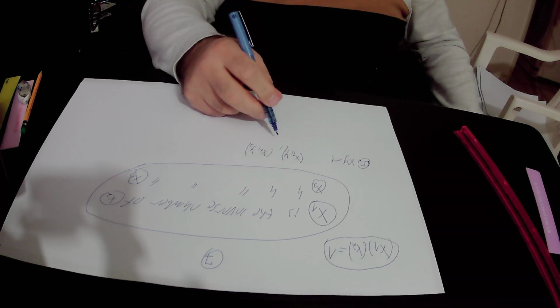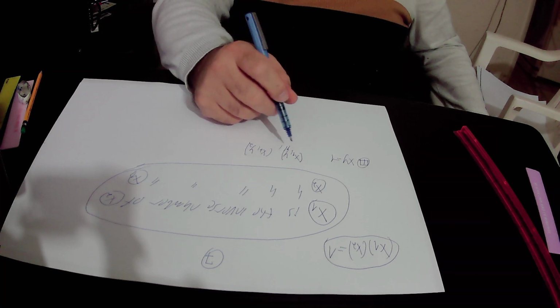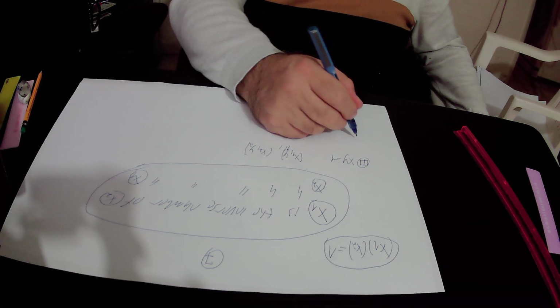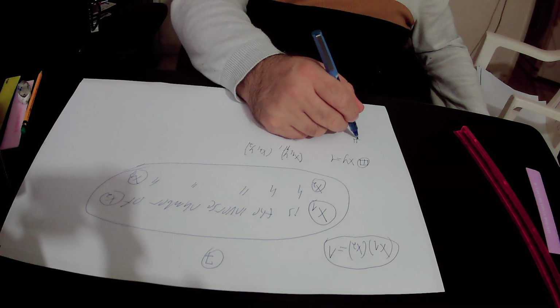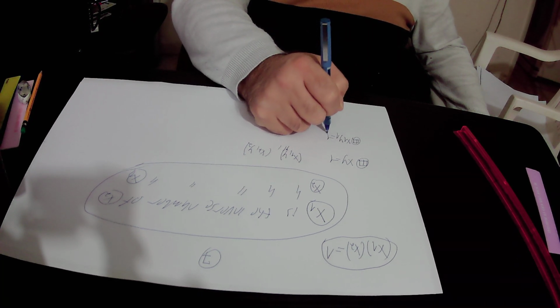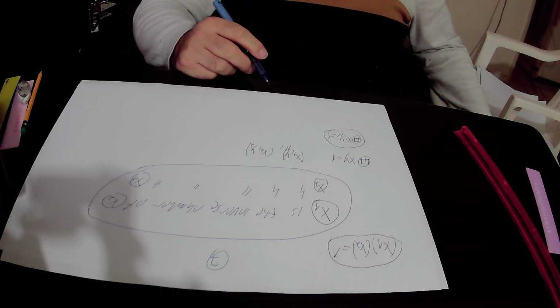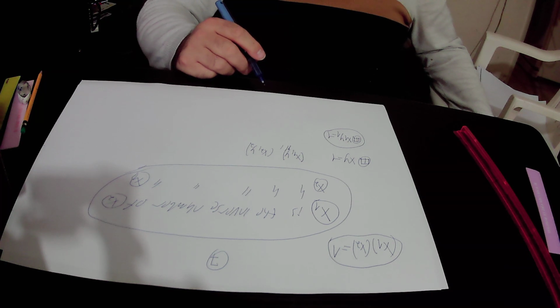So if we put the first solution inside equation number 3, we will get that x equals x1 and y equals y1, and we will get that x1 times y1 equals 1. So what is the meaning of this equation, that x1 times y1 equals 1?